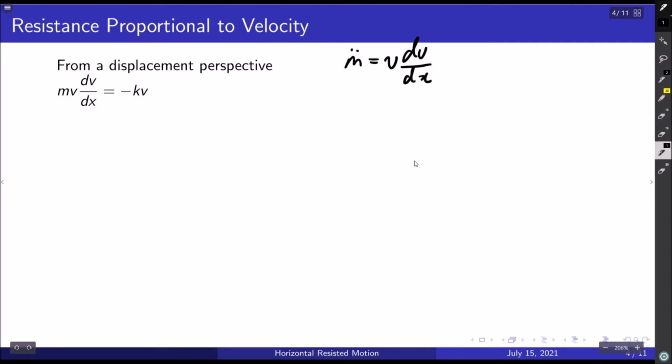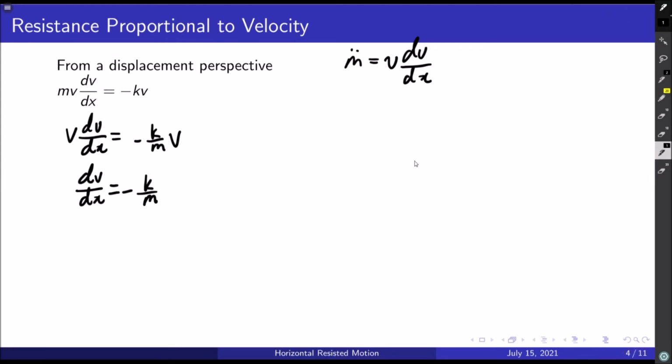Everything else is more or less the same. So v dv over dx equals negative k over m times v. We divide both sides by v, so we have dv over dx equals negative k over m. And then we can just integrate both sides with respect to x.